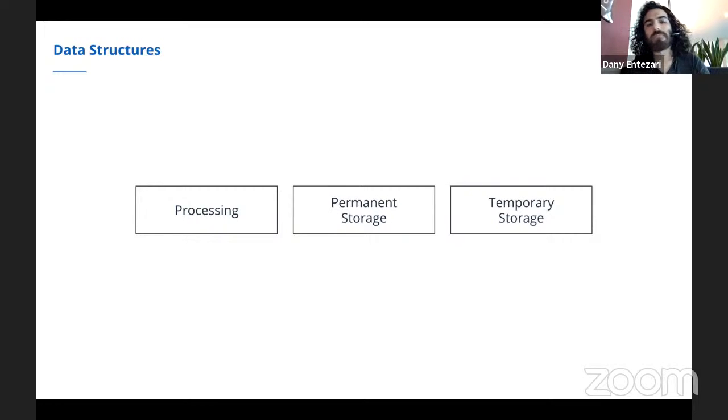Floppy disks, different USB flash drives, right? These are different types of devices in which you can store data permanently. Okay, so you have a processing unit, you have some kind of unit for storing information permanently, and then another unit for storing information temporarily.